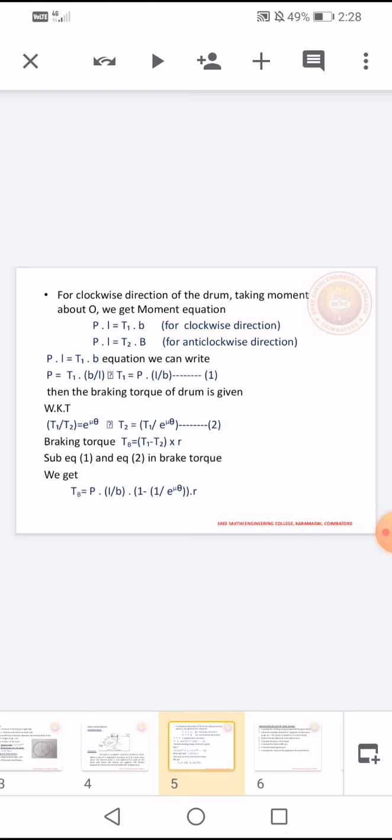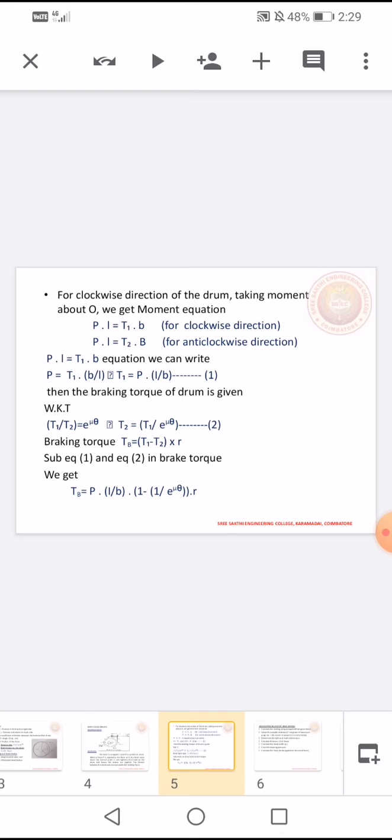Next, we know that tension ratio T1 divided by T2 equal to e power mu into theta. We can write T2 equal to T1 divided by e power mu into theta. Take it as equation number 2. Again we know the braking torque equation TB equal to (T1 minus T2) into R. Take T1 and T2 values from equation number 1 and 2 and substitute in the braking torque equation.